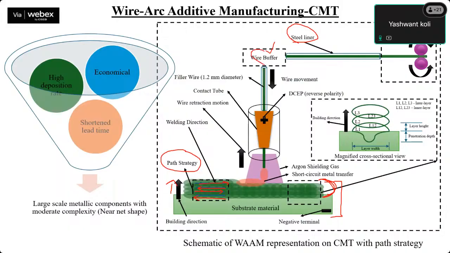The wire buffer has an important function in CMT, in that the wire has to be retracted. So the wire buffer retracts the wire as the short-circuiting metal transfer takes place. As the droplet is just touching the molten weld pool, the short circuit happens and the wire is retracted.